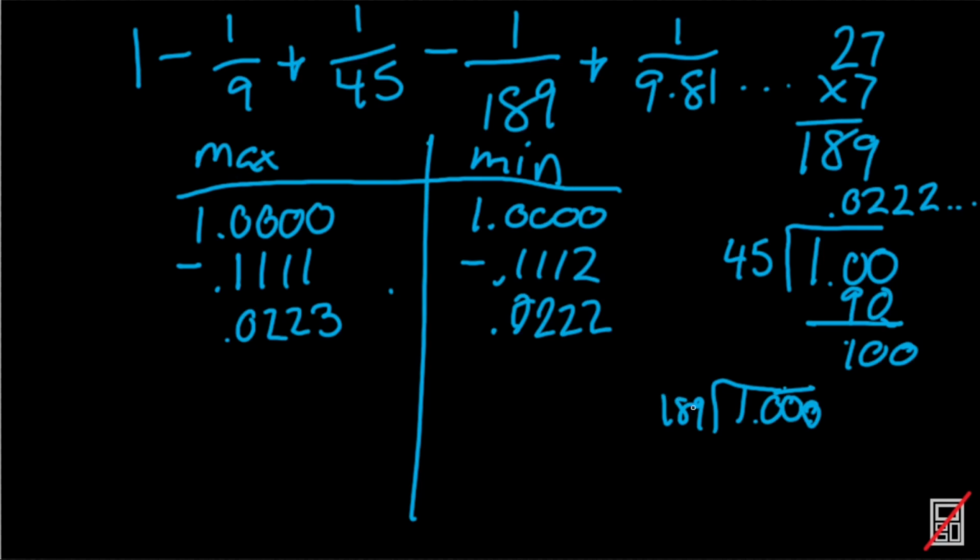And 5 times 189 is 945. That gives us 0.005. Then here, tripling it will give us 54, 567, so that's not going to work. So 2 will, though. This is going to be a lot lower. So our number is going to start with 0.0052.